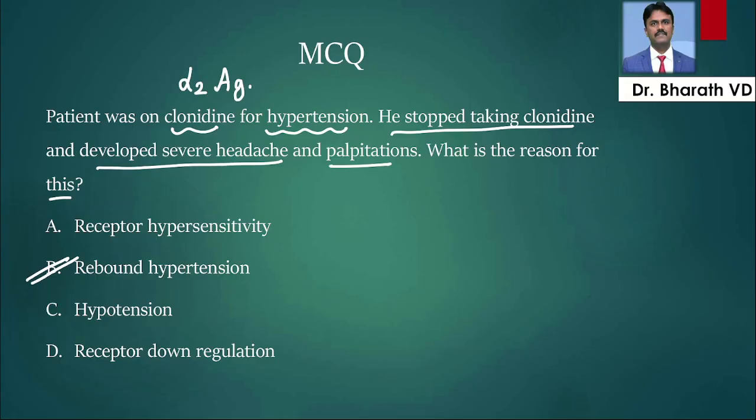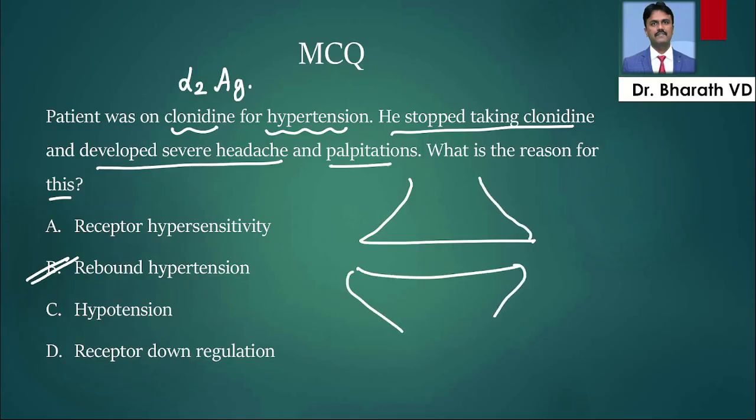That is why clonidine is not the first line drug. It is reserved for resistant hypertension cases only. And patient cannot stop it suddenly. Why? Because what is the mechanism of clonidine? This is presynaptic terminal, postsynaptic terminal. This is the alpha-2 receptor. So clonidine is an alpha-2 agonist.